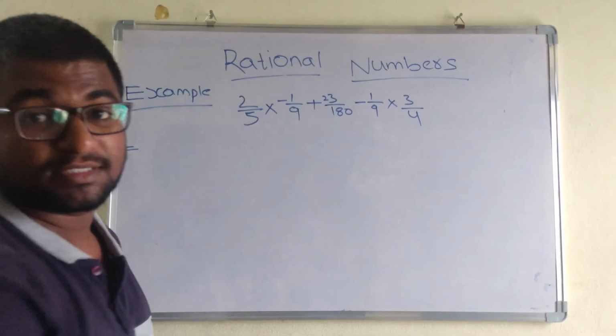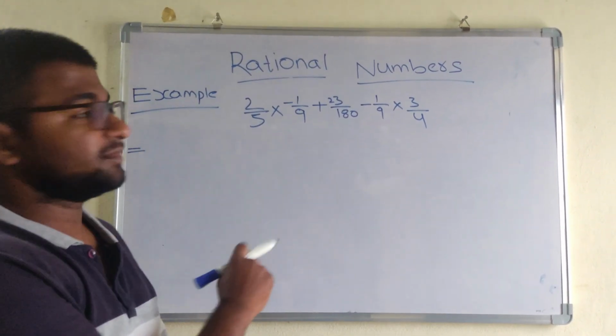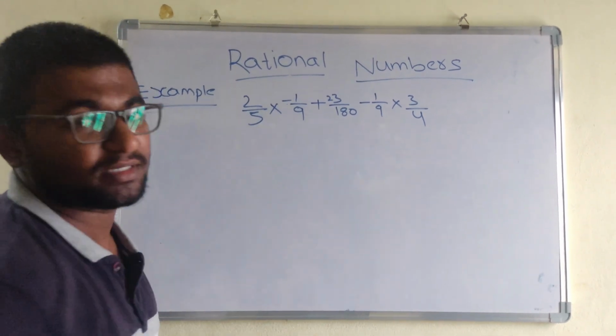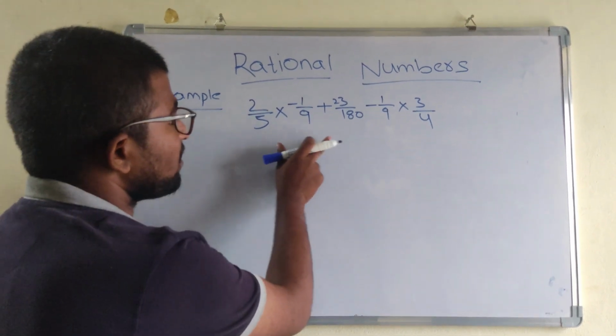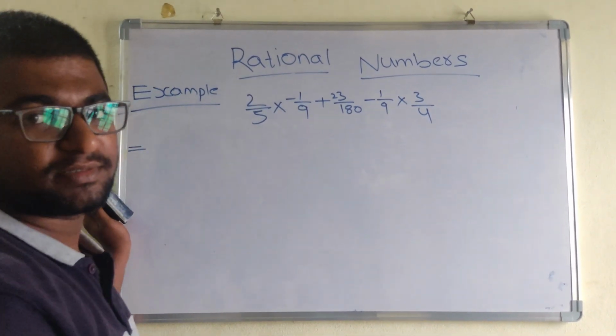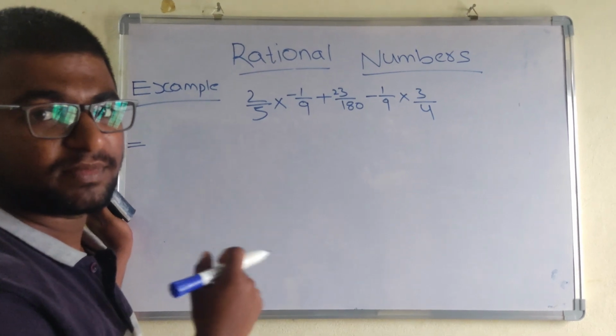Now we are going to discuss another example problem: how do we solve this expression in a simple way? Let's follow. First of all, rearrange all the rational numbers for simplification of calculation.